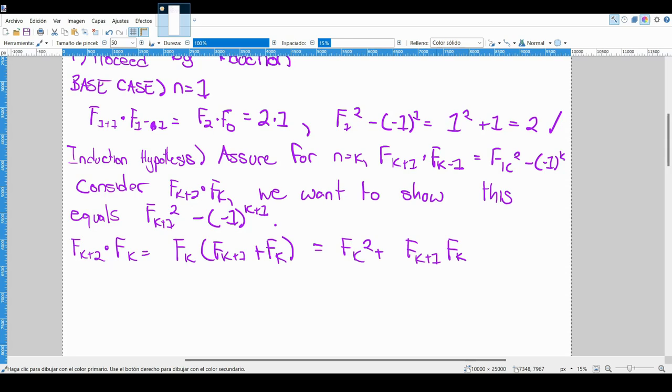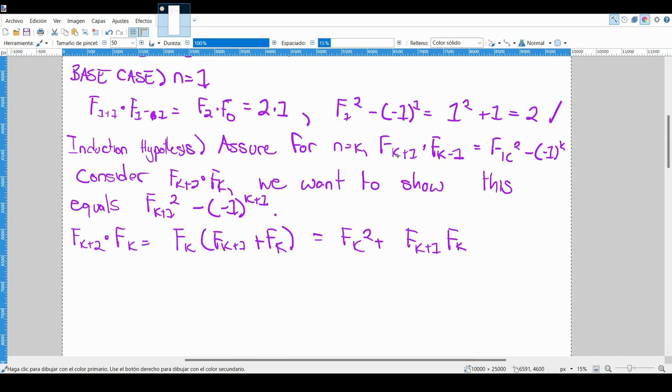Next, we can refer to our induction hypothesis here. We can note that fk squared equals fk plus 1 times fk minus 1 plus negative 1 to the kth power. We are just moving this over to this side here.